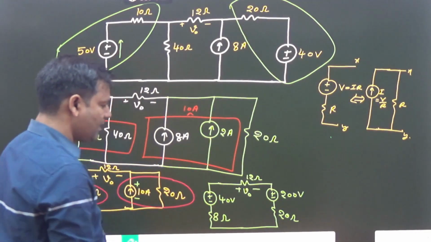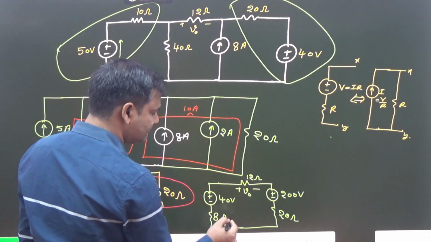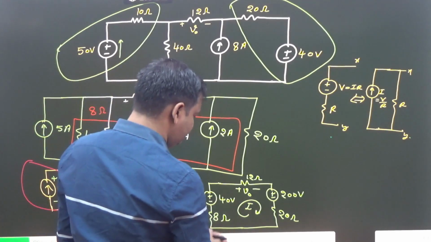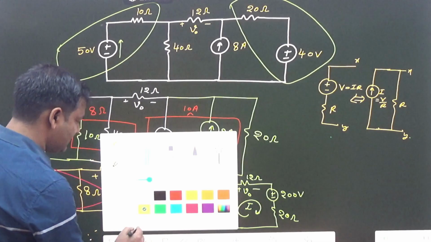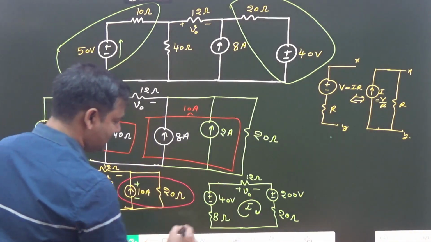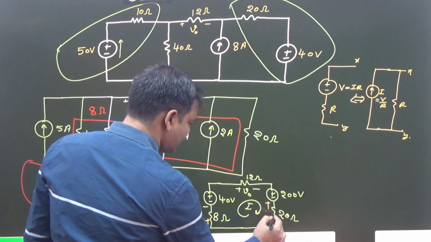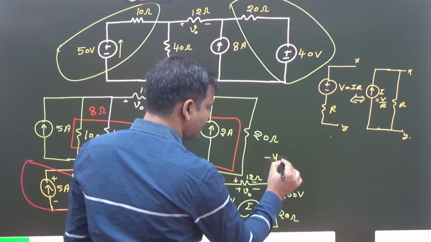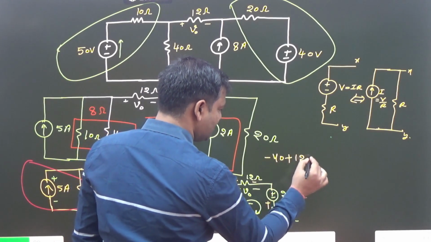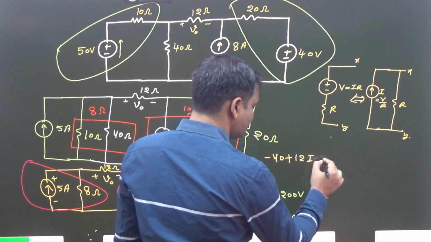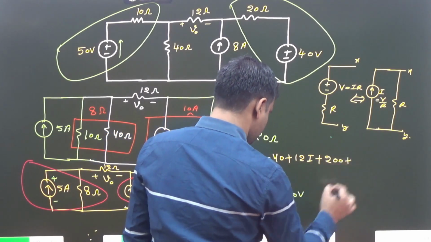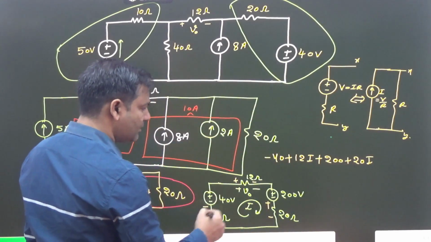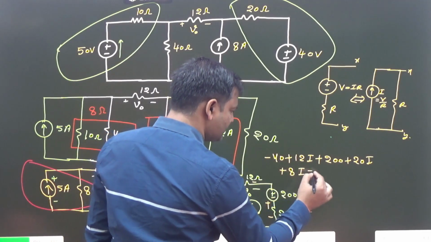After that, apply KVL in this loop, supposing current I. Okay, after that, here plus-minus, here plus-minus, here plus-minus, going minus to plus: minus 40, plus 12 into I, plus 200, plus 20I, plus 8I, this is equal to 0.